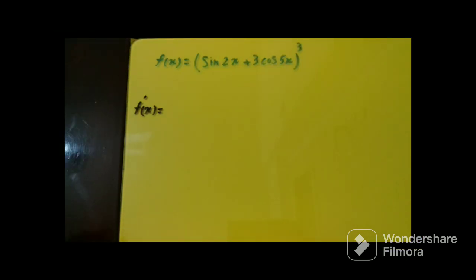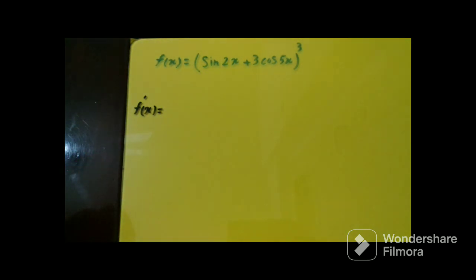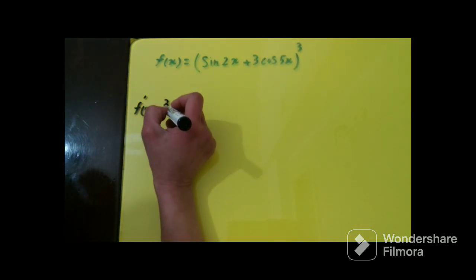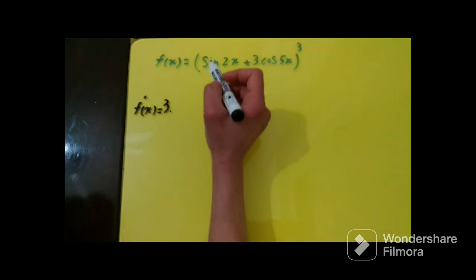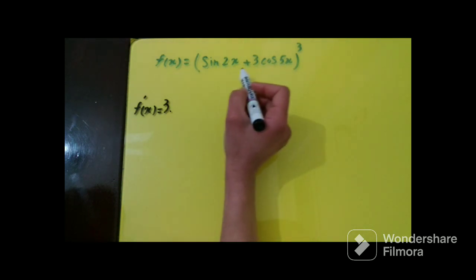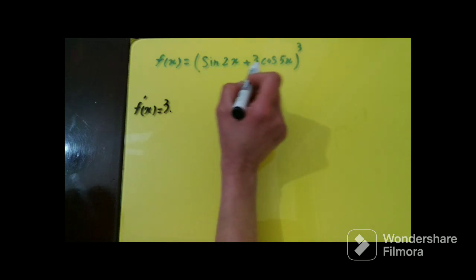Okay guys, for getting the derivative of this trigonometric function, first of all, you should bring the power down. It's 3 times. Now you should get the derivative of this term. As two functions sum each other, so you should get the derivative one by one.